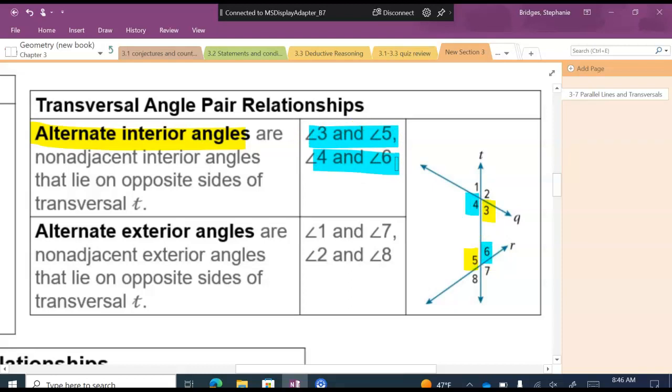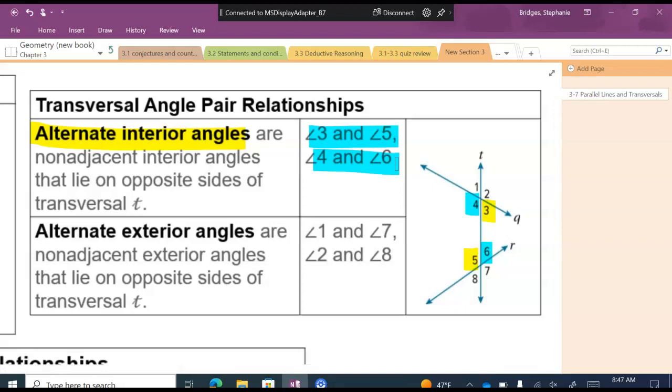Then we also have alternate exterior angles. Those are going to be on the opposite sides of the transversal, but on the outsides of our lines. So starting here, what's alternate exterior to angle 1? Which one matches what? Angle 7, okay. And then what about 2? 8.